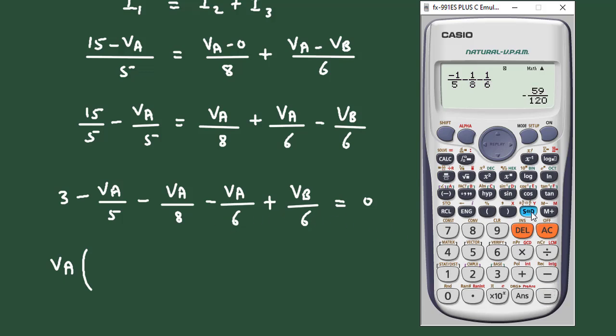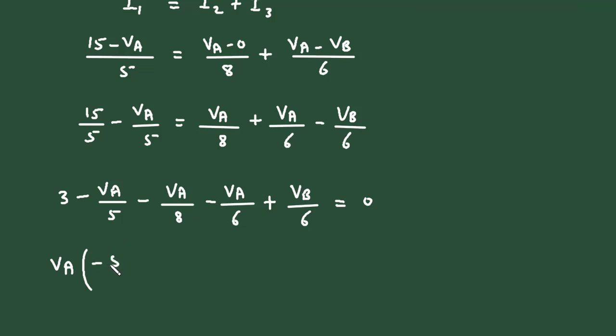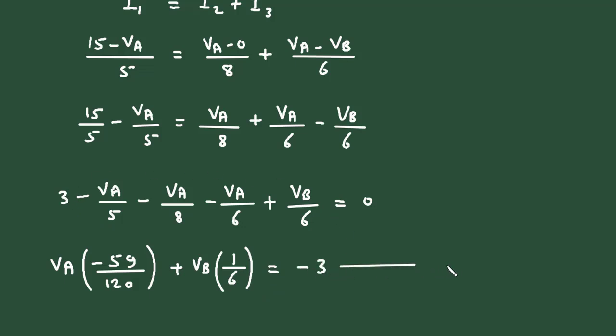So it is minus 59 by 120, and plus VB in bracket 1 by 6, and it is equal to, if we take this 3 on the right side, minus 3. Let's say this is equation number 1.